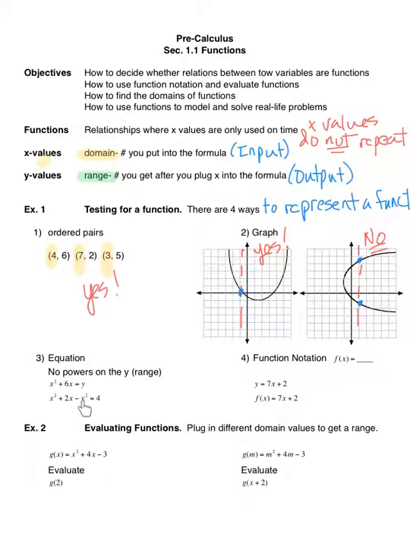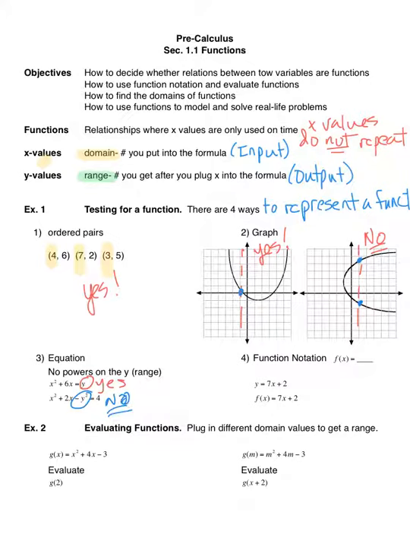But as long as y is squared, you're going to end up in a situation like this one here, where it's not going to pass that vertical line test. So when y is to the first power, you're good. And so here, yes, because we're looking at y. But on the second one, because of the y squared, it's a definite no. That's an O, hard to tell.